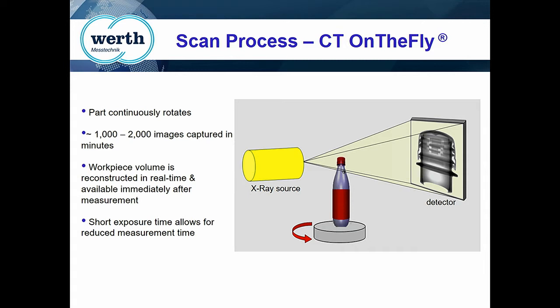A lot of other companies have to accelerate, decelerate, stop, take a picture, and continue that 1,000 times. But we're able to continuously rotate that, which significantly decreases your scan time. What would previously take 20 minutes for a plastic part, we can now reduce to between 2 and 3 minutes.